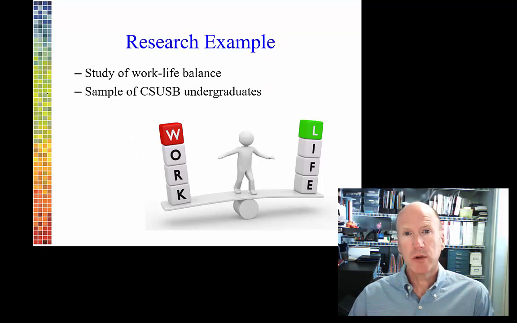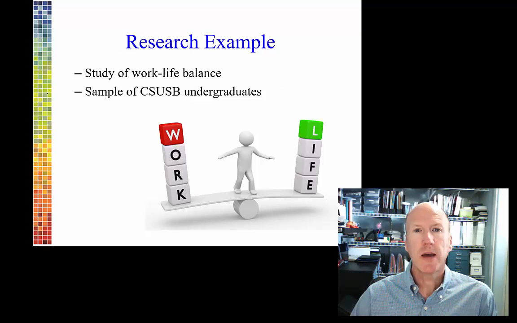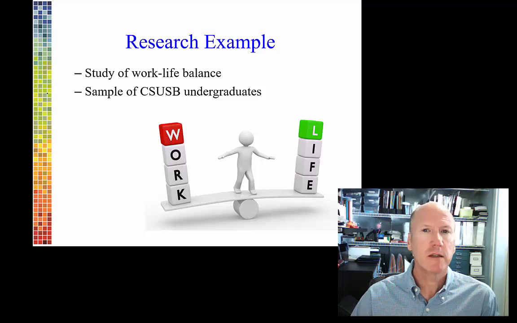To give you an example of some research that I'm conducting right now, I'm studying work-life balance, and work-life balance is basically what strategies do we use or messages do we send about the ways that we balance our work life and our home life or family, friends, school life, that sort of thing.